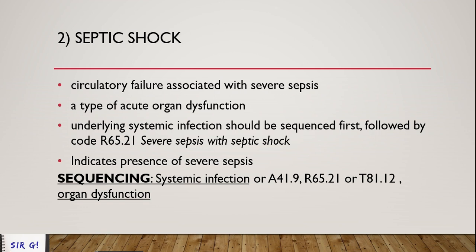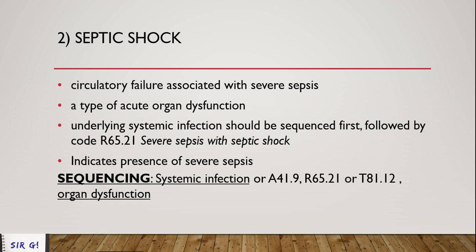So every time you see the word septic shock, hey, I need to code R65.21. But remember, before there should be a septic shock, there should be a sepsis first. So, meaning, you need to code for the sepsis first, followed by your severe sepsis with septic shock, which is your R65.21, followed by an organ dysfunction, which is usually it's present.